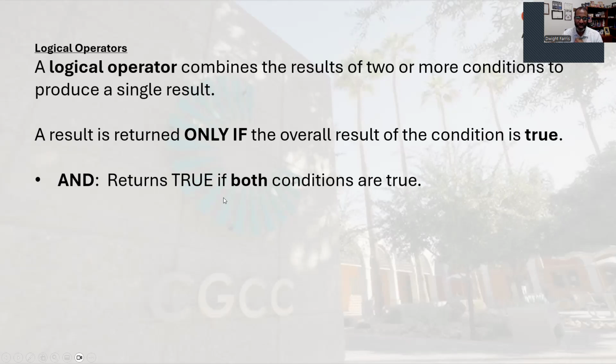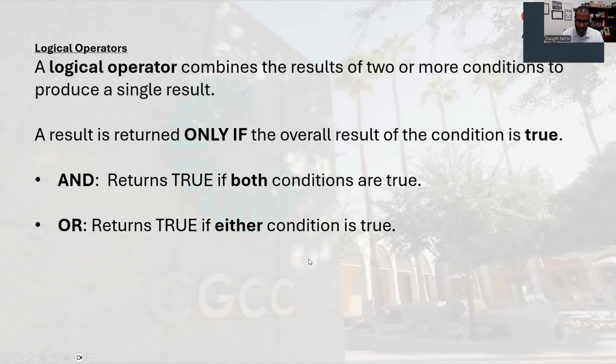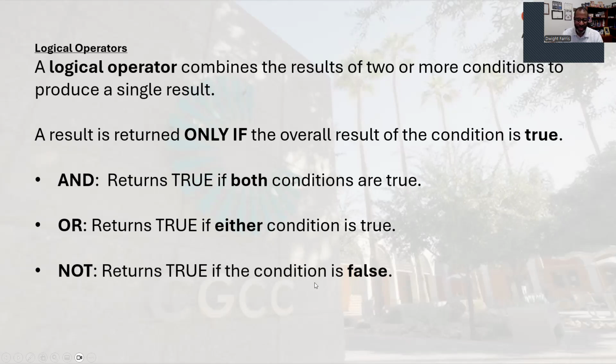And returns true if both conditions are true, or returns true if either condition is true, and not returns true if the condition is false. Remember that, and, or, not are logical operators. Sometimes it gets a little bit confusing about when to use these, but we will develop a process to understand when and how they're used as we go through this lesson.